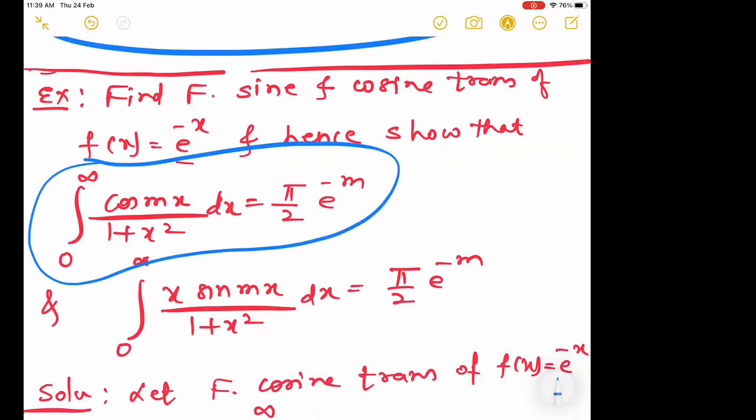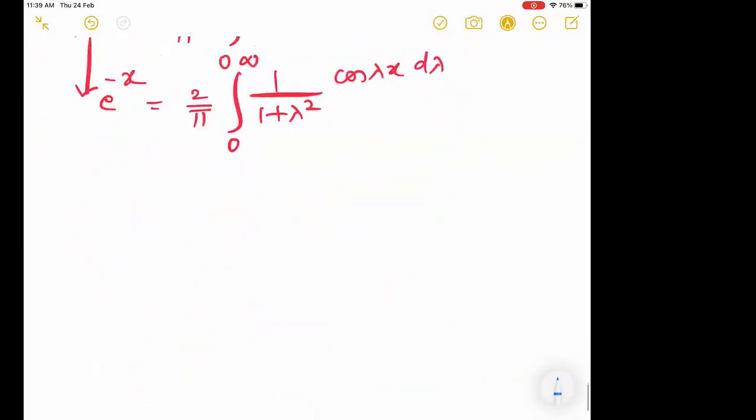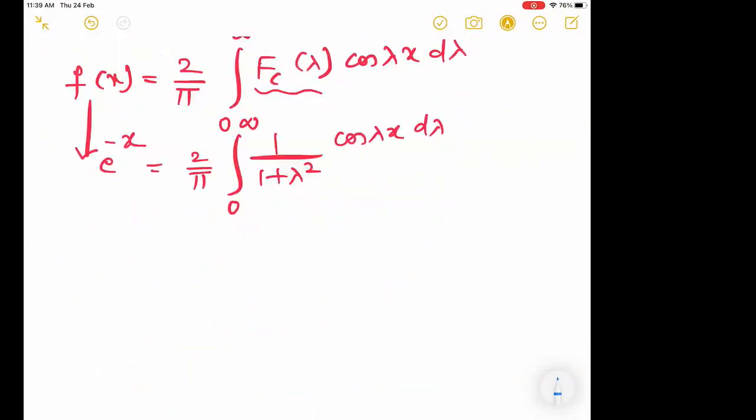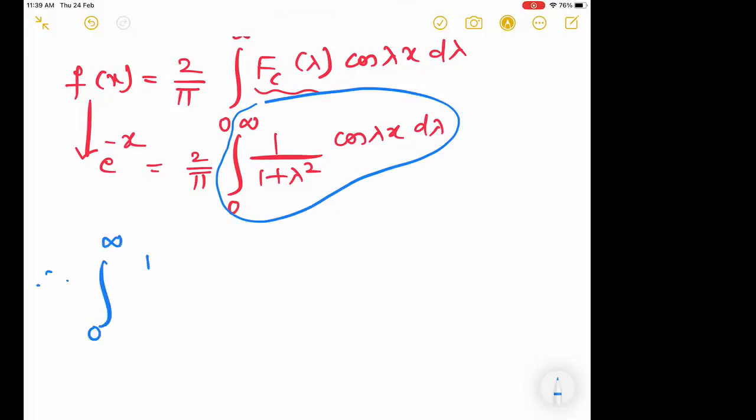So what will you do? We will just keep the integral term on one side and shift everything else. Therefore, the integral of cos of lambda x upon 1 plus lambda square d lambda is equal to, tell me what I should write. Only the integral I'm keeping, and shift the term 2 upon pi to the other side.